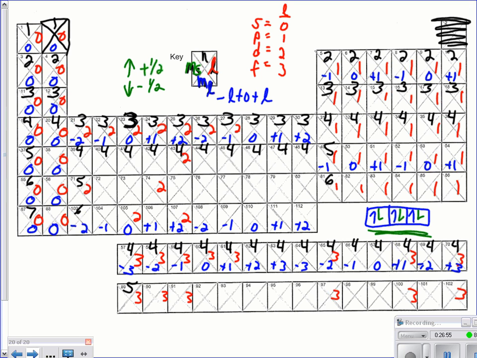So all of these guys, oops, it's not writing very well. All of those, your alkali metals, all have plus 1/2. Whereas your alkaline earth metals are all minus 1/2.